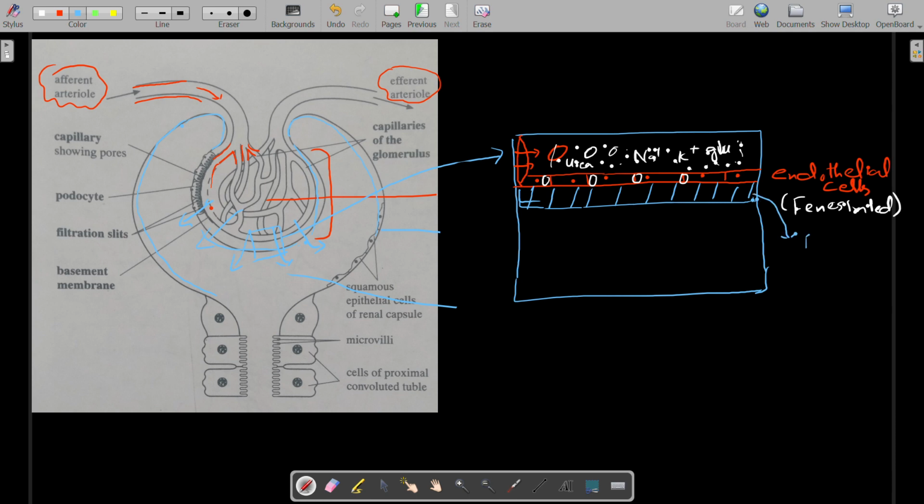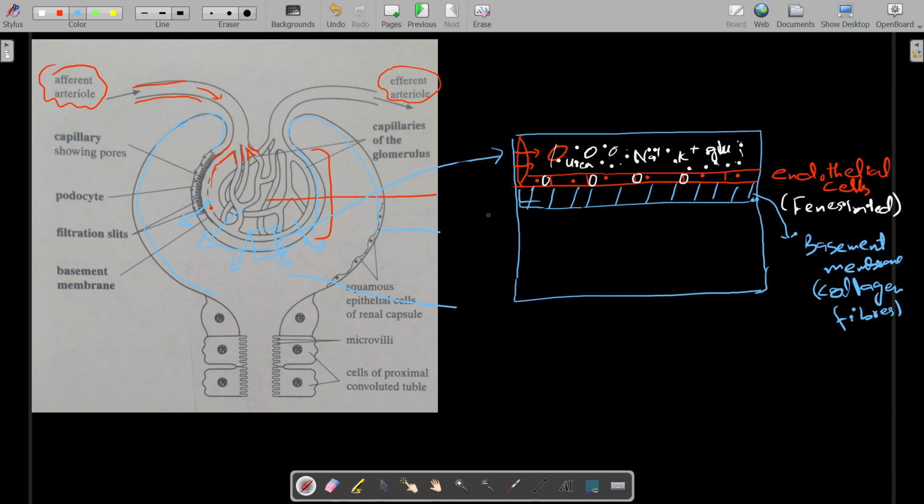This is referred as basement membrane. So this layer over here is the basement membrane. It does contain collagen fibers.